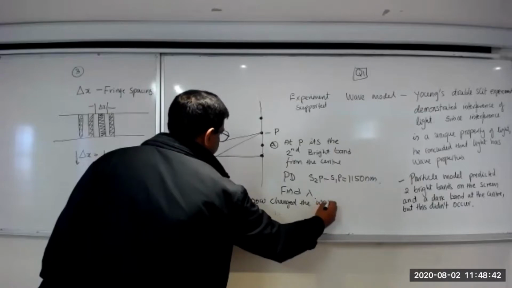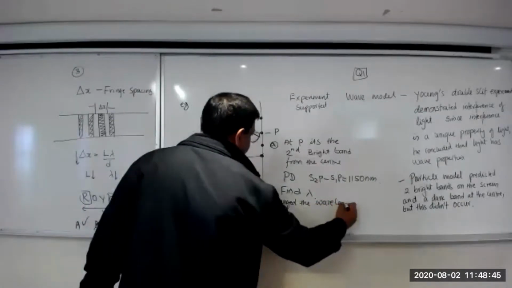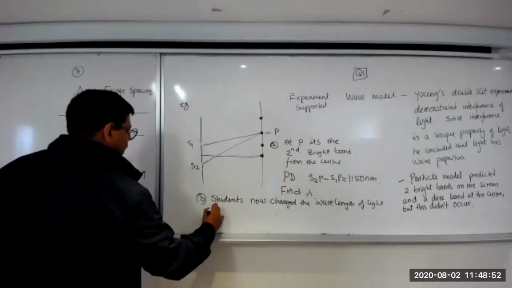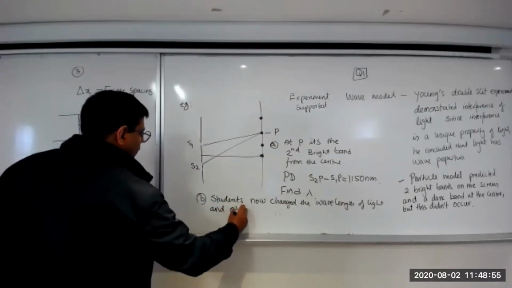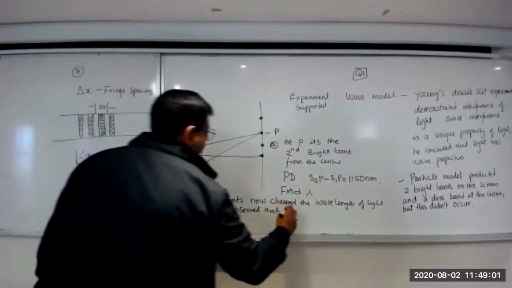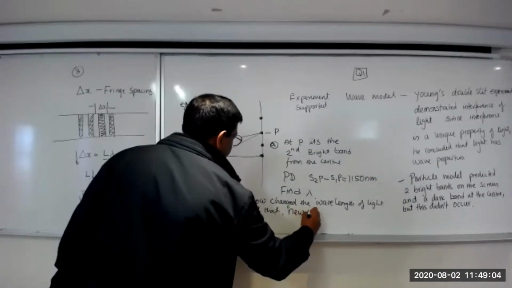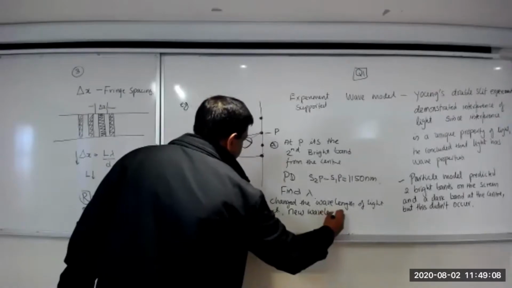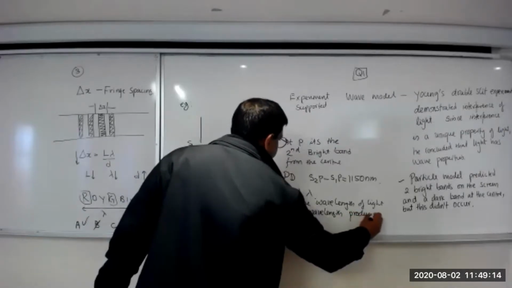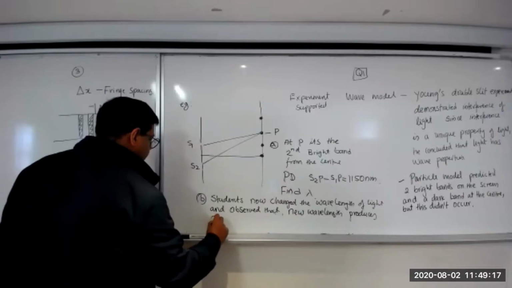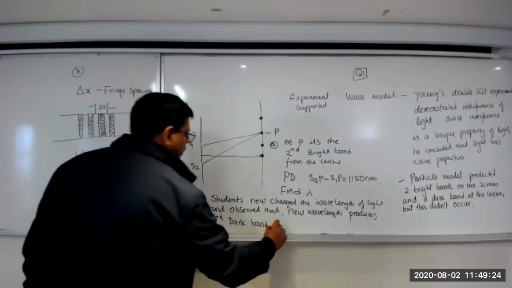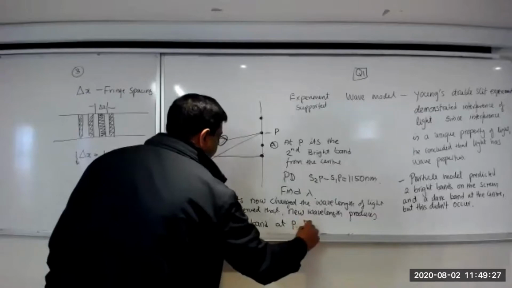Now change the wavelength of light, and observe that the new wavelength produces the second dark band at P. Find the new wavelength.